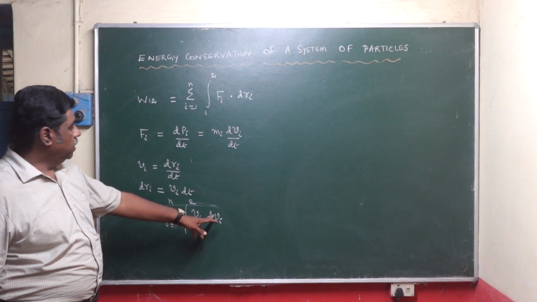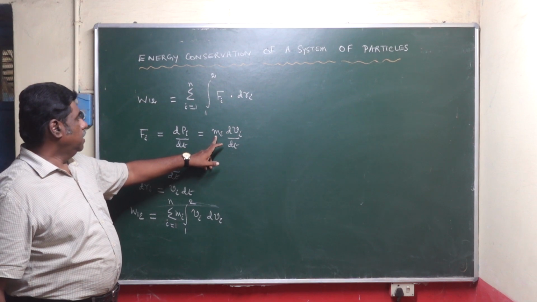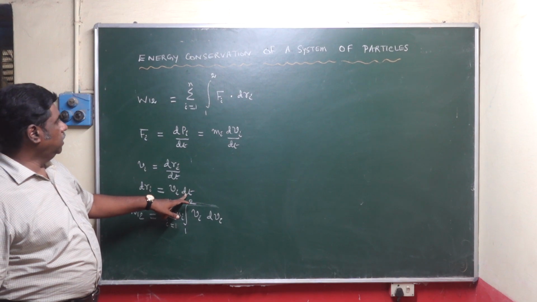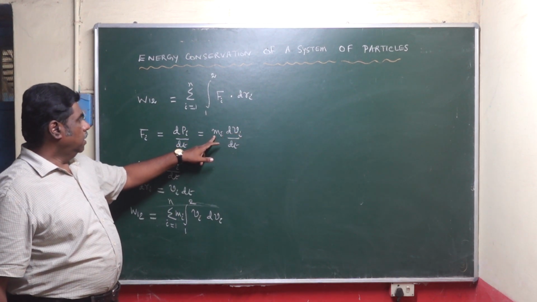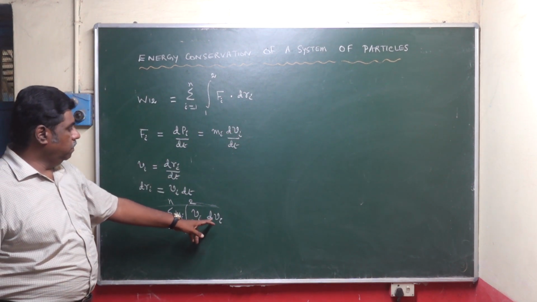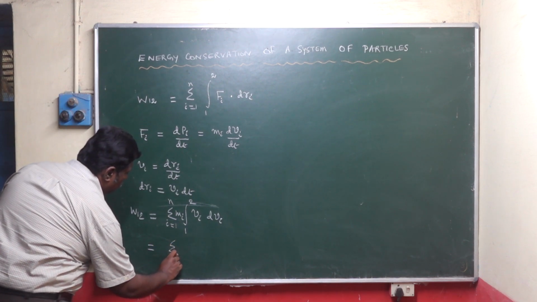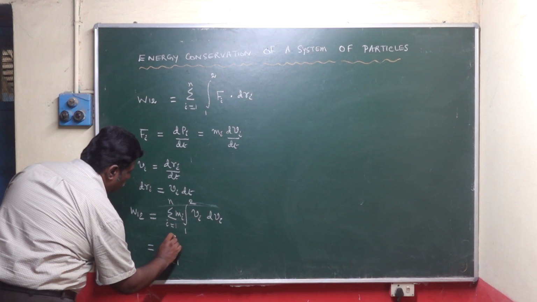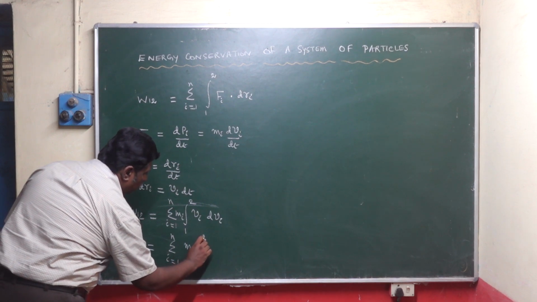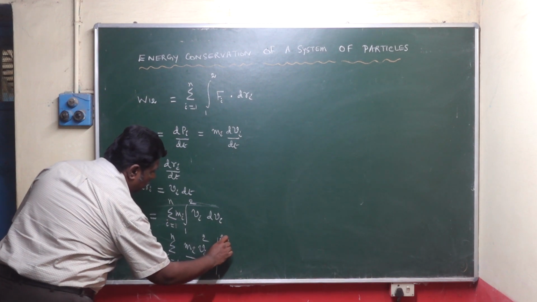See here, instead of Fi we substitute mi dvi/dt, and instead of dri we substitute vi dt. dt gets cancelled, giving mi vi dvi. We have taken mi outside. v dv is v squared by 2. Therefore, this is modified as summation over i = 1 to n of mi vi squared by 2, with lower limit 1, upper limit 2.